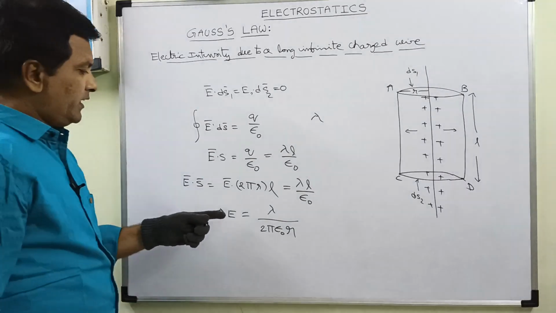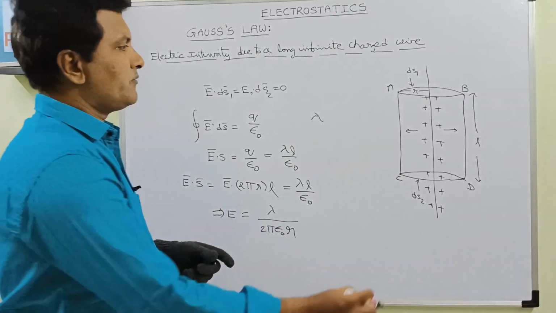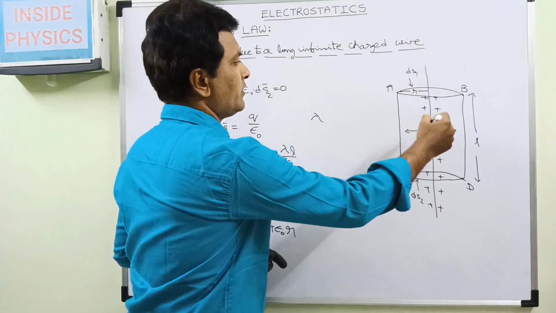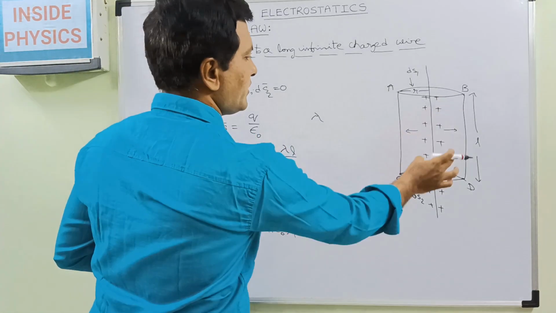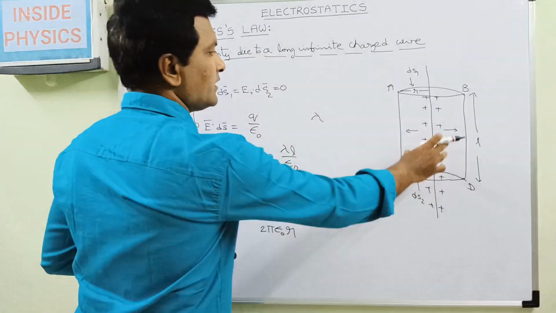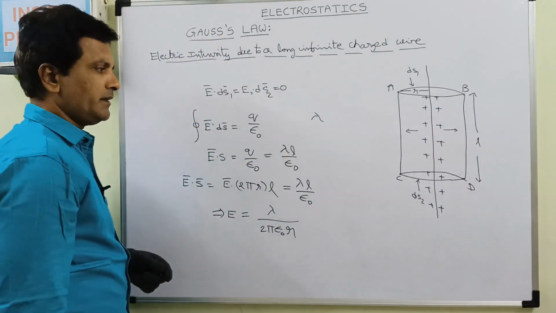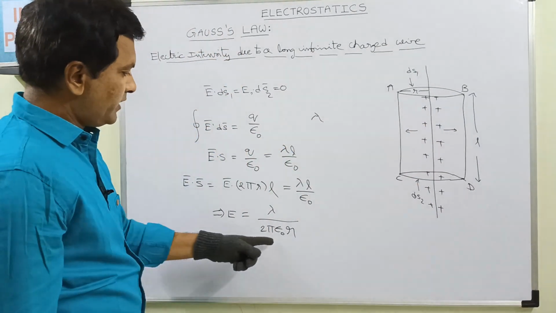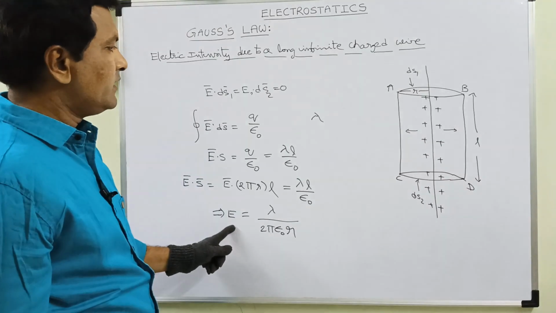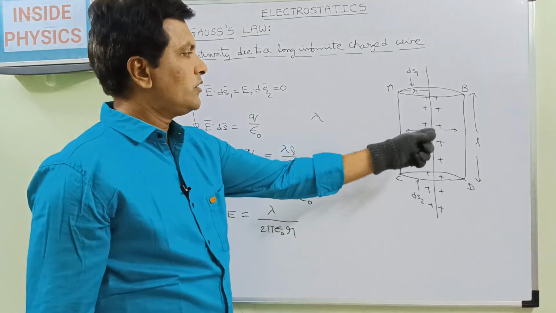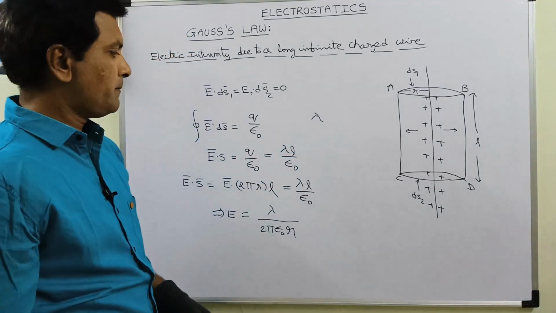So this will be the electric intensity coming out of this Gaussian surface due to the charge enclosed in this cylinder, okay. By this way we can calculate the electric intensity of the enclosed charge.